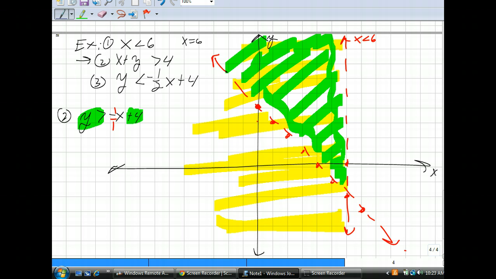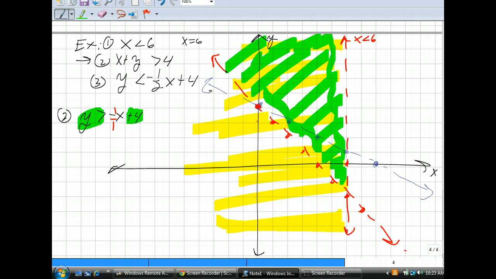So that one says to start out at positive 4. So we're starting out the same place, but the slope says down 1 over 2. Okay, and this is also going to be a broken or dotted line.